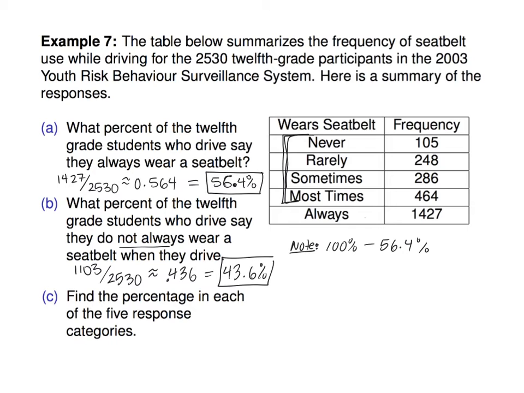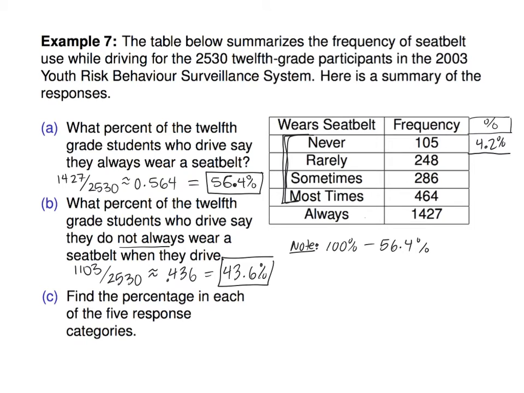And let's find the percentage in each of the 5 response categories. So the percent. Well, 105 out of the 2,530 gives us 4.2%.